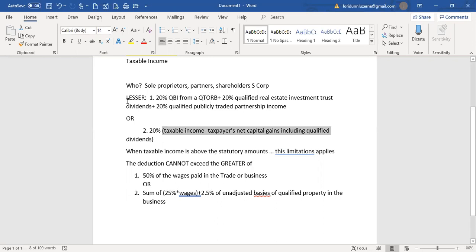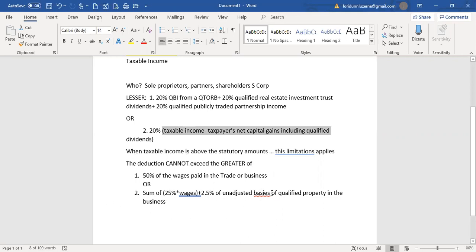Her result from this first calculation was 15,000. Well, even though her QBI is not limited by her taxable income, so this calculation up here was not limited because of the type of firm she has, it still may be limited because her taxable income is above that threshold. And it's limited to these calculations below.